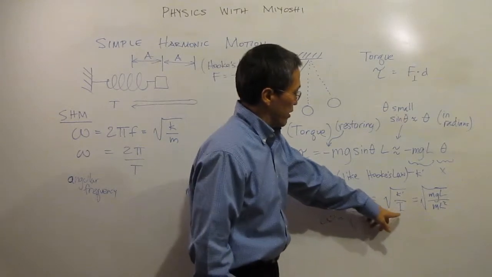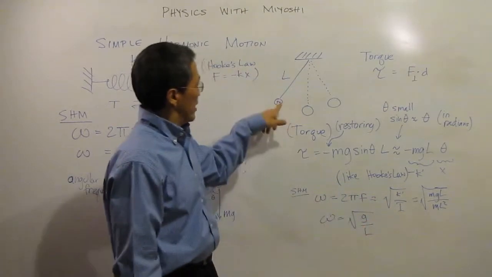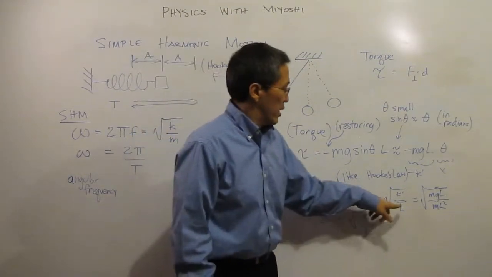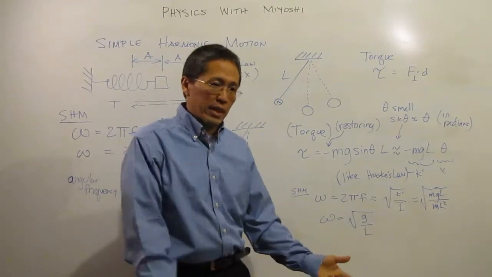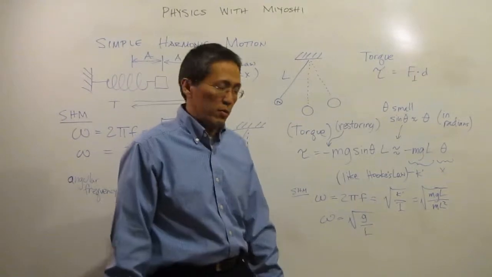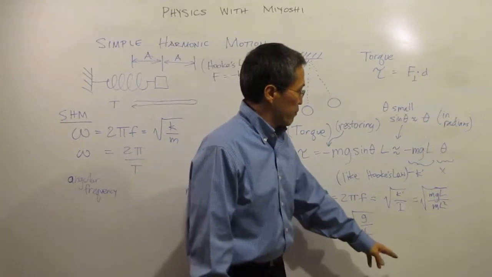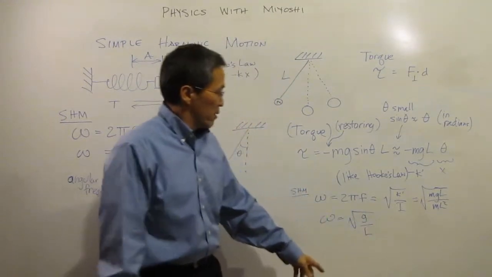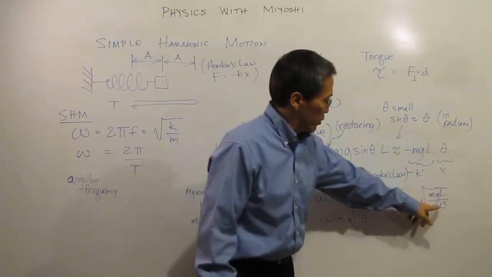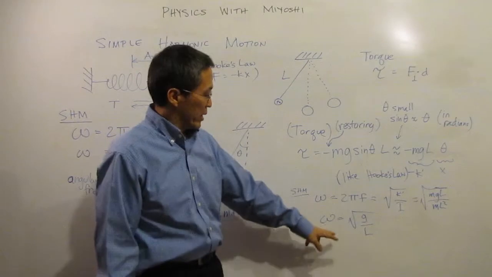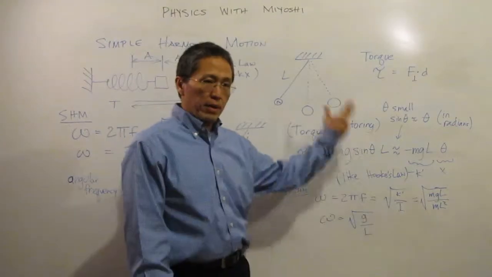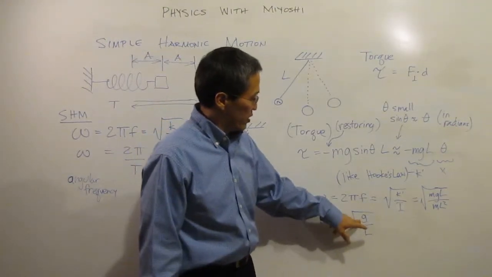If we substitute in a point mass at a certain distance, that would be the rotational inertia, and we would look that up in tables and so forth. I wouldn't expect anybody to remember those things. I would never remember those things either. We divide out the m's, divide out one of the L's by the other L, and we get omega for a pendulum is the square root of g over L.